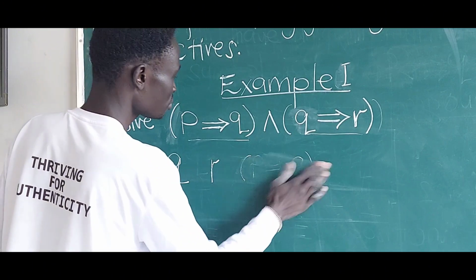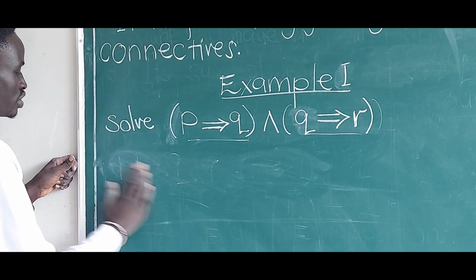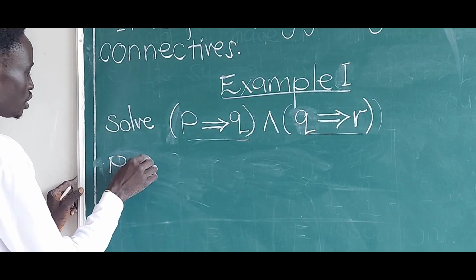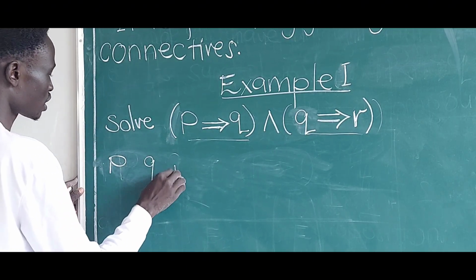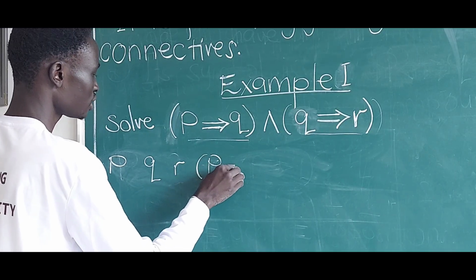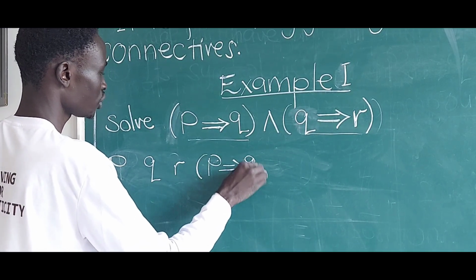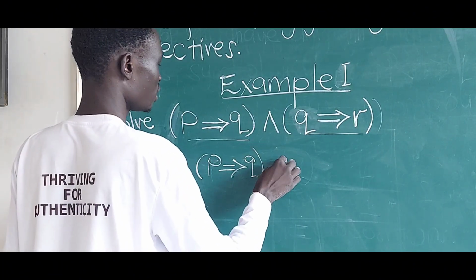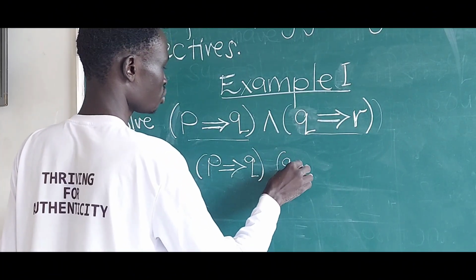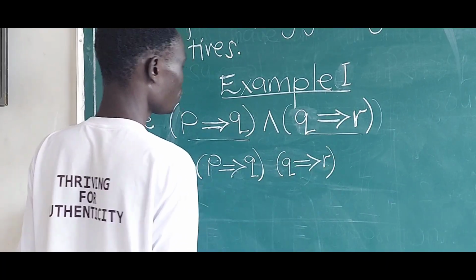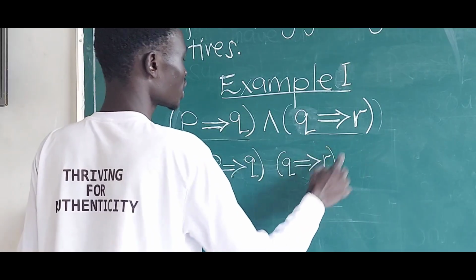I think the space will not be enough, so let us see how we can squeeze this in. So it is P, then Q, then R. Now this statement is P, Q. Then this statement is Q, R.